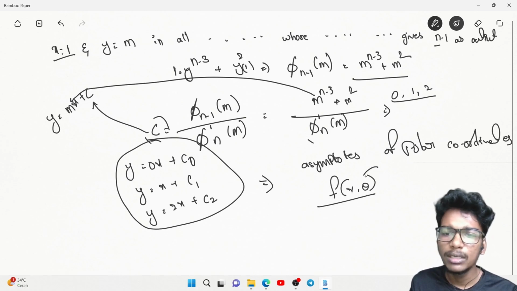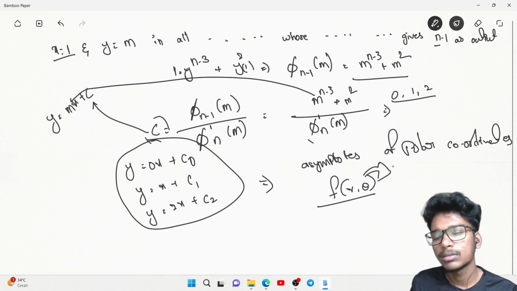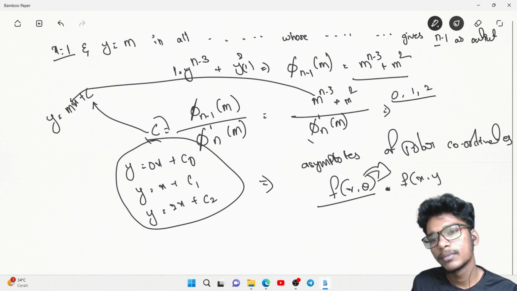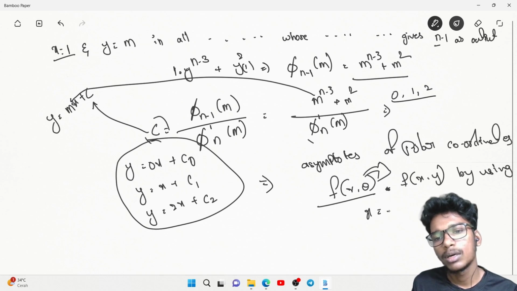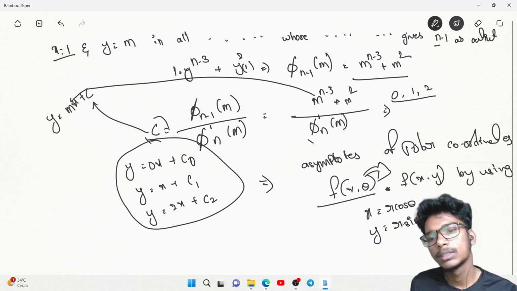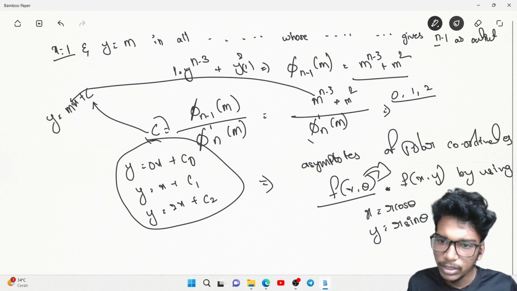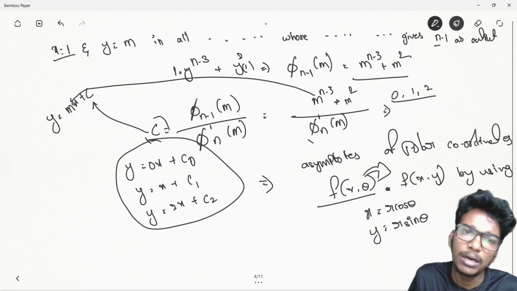We will convert it into a function of x comma y by using the transformation x equal to r cos theta, y is equal to r sin theta, and we will get a function f of x comma y.